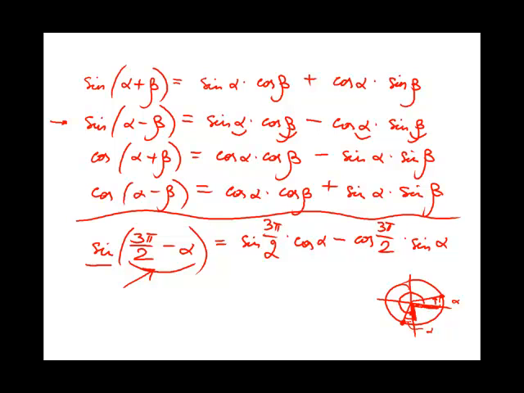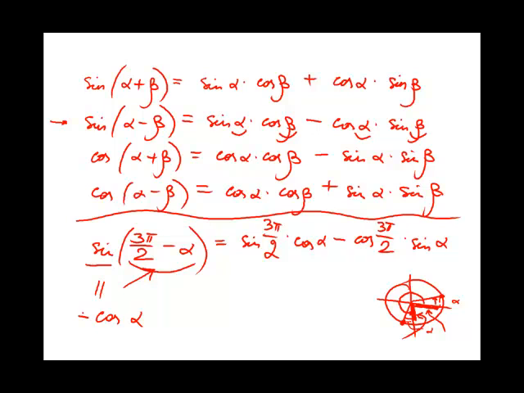But this length, the horizontal, is nothing else but cosine alpha. Now let's check the signs. The cosine is positive. You see that this coordinate is positive. But this one is negative. Therefore, I must write the sign minus in front of cosine to make the signs right. Any questions?